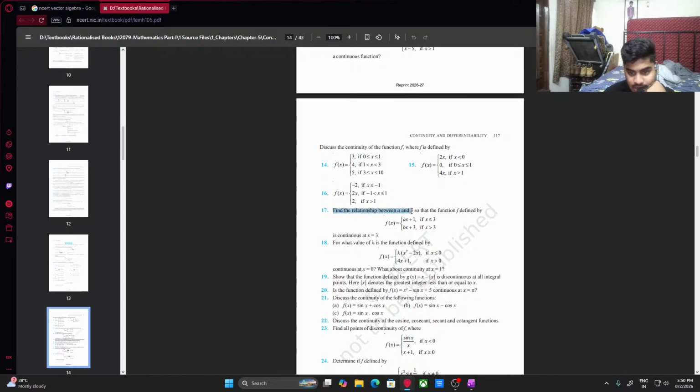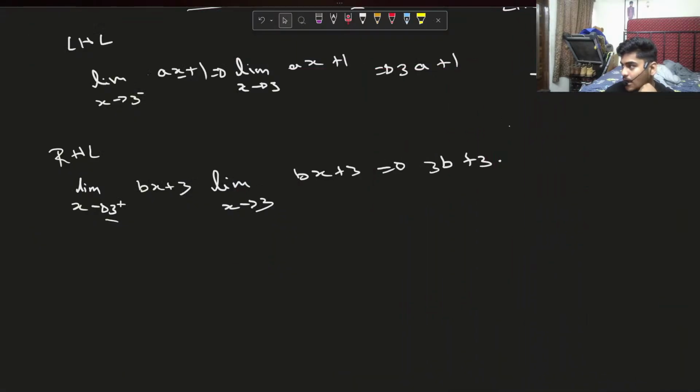Find the relationship between a and b so that the function f defined by so and so is continuous. So we need to find the relation between a and b, and it is continuous. As I said, continuous means LHL equals RHL.